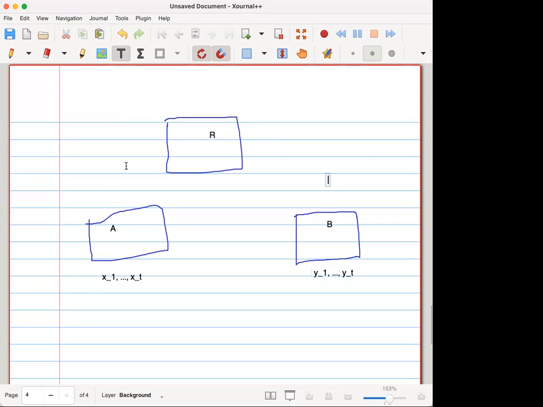And then they send some messages. And this message is, of course, depending on x1, through xt.